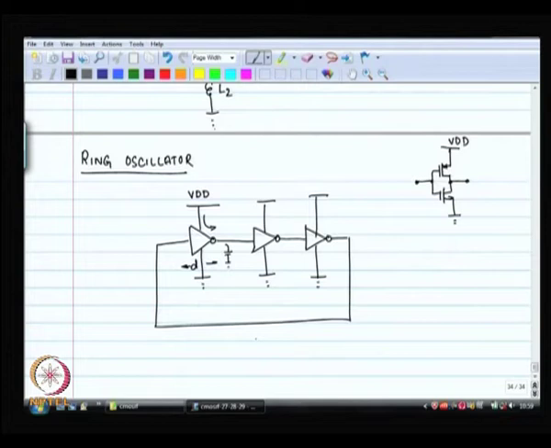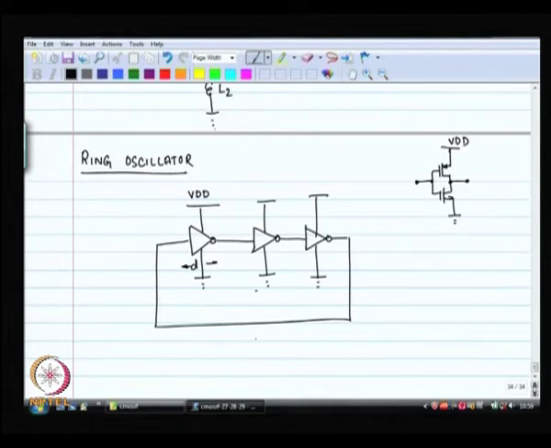The load capacitance is the gate capacitance of the next stage. So, that is where this delay is coming from. It takes some time for the current to charge up the output. All right. So, that is basically where the delay is coming from.